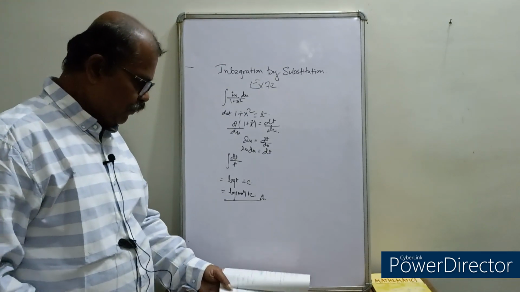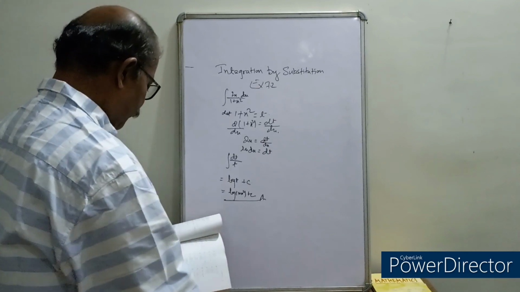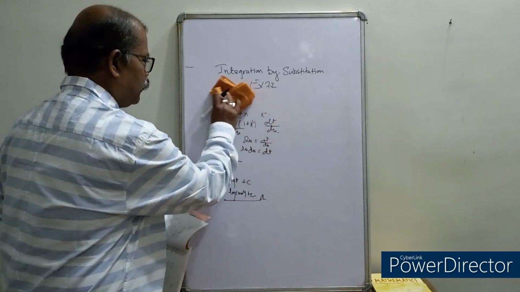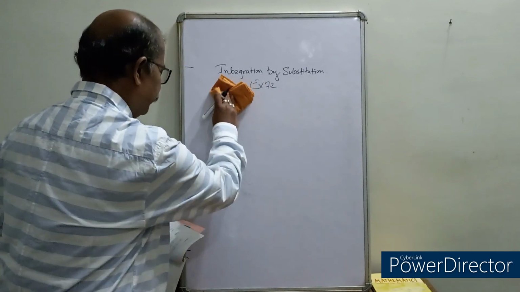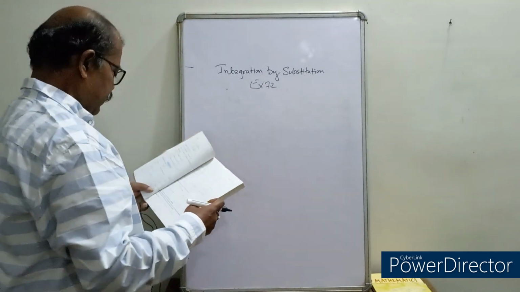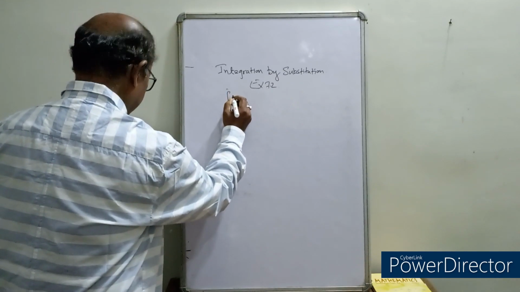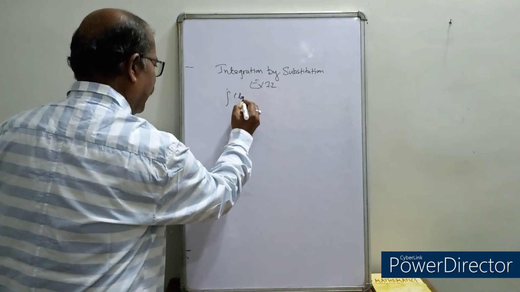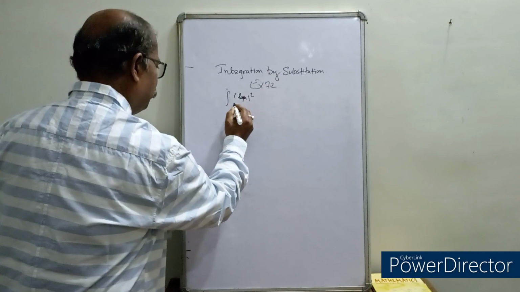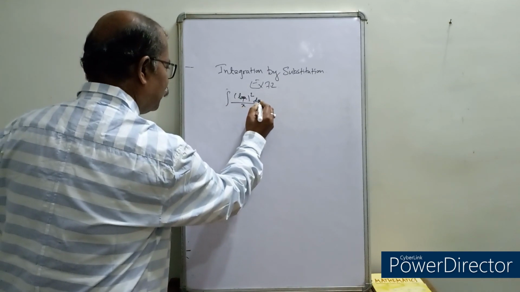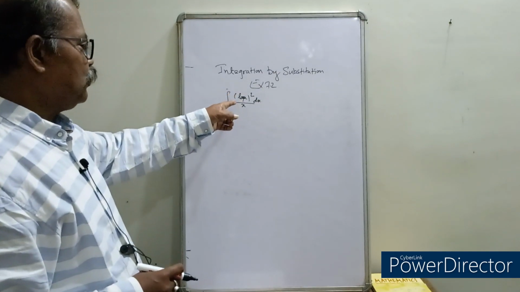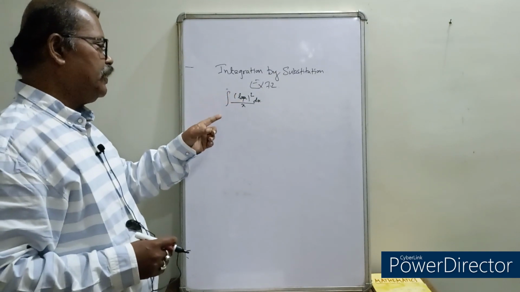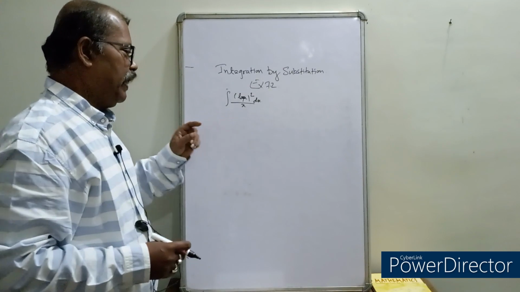Now I am going to the second question. Your second question is the integration of (log x) the whole square by x dx. Here, we know that the differentiation of log x is 1 by x.